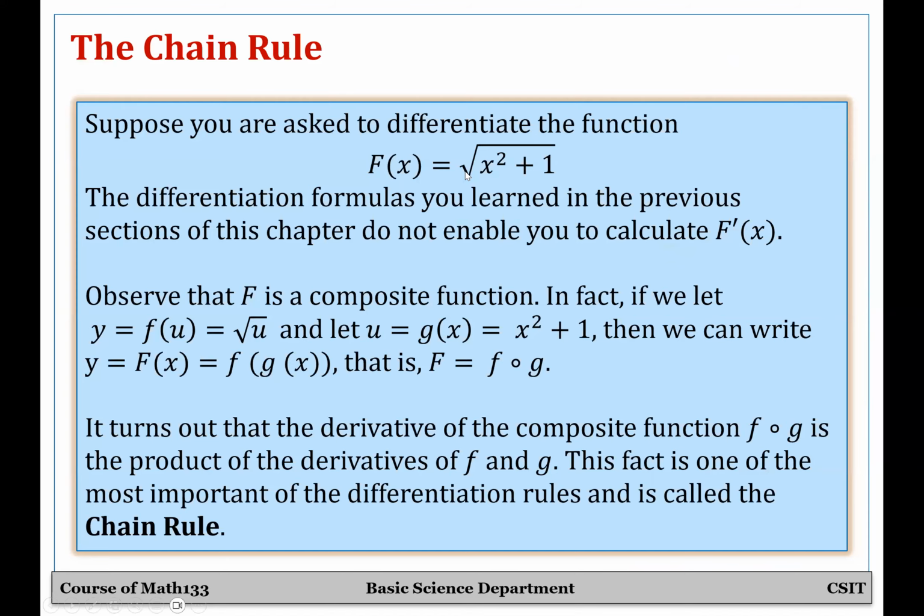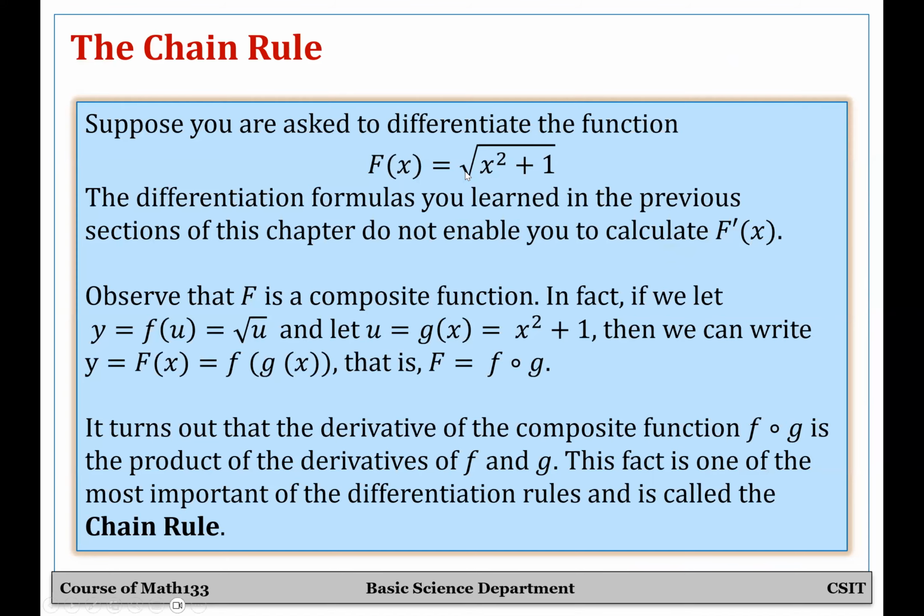Okay, now the rule of the chain rule is the following. When we want to compute the derivative of capital F, first compute the derivative f prime, apply it on the point g of x, then multiply by g prime of x.